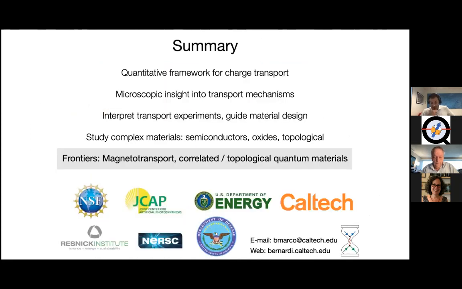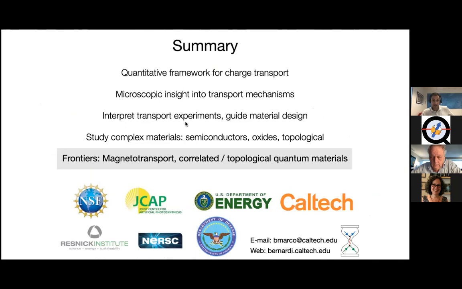And in this talk, I hope that I've shown you a quantitative framework for more precise calculations of charge transport in the framework of first principles calculations. I've shown you that these methods can provide microscopic insight into the transport mechanisms.